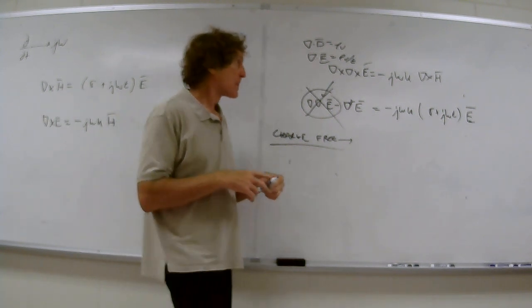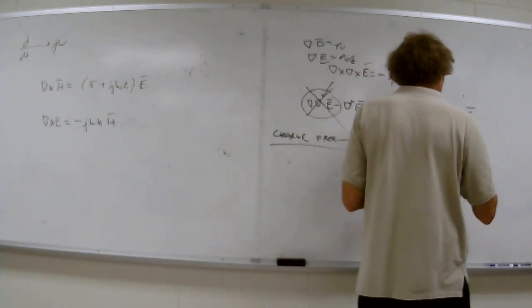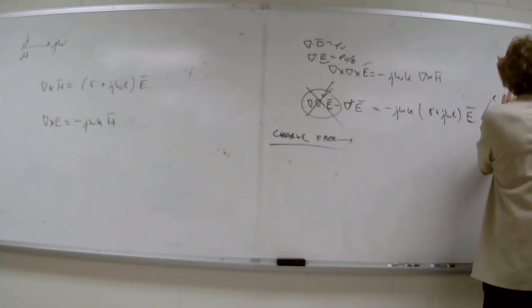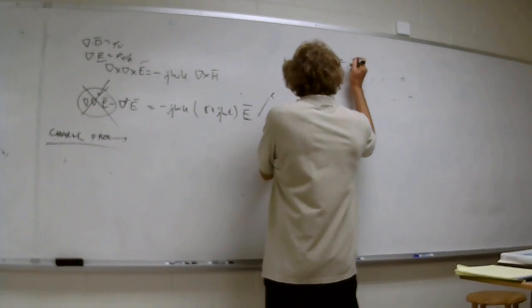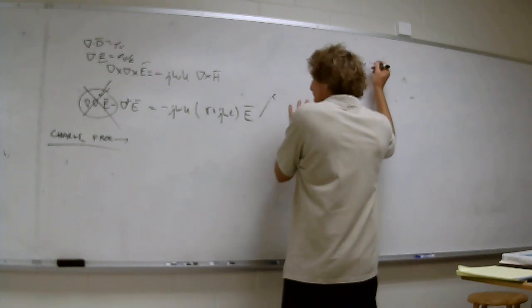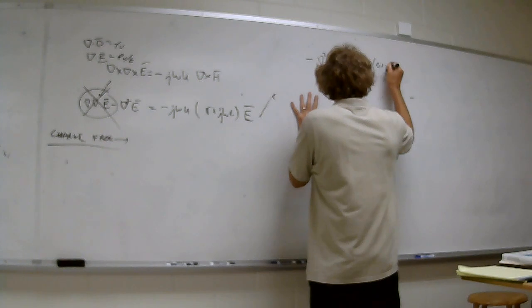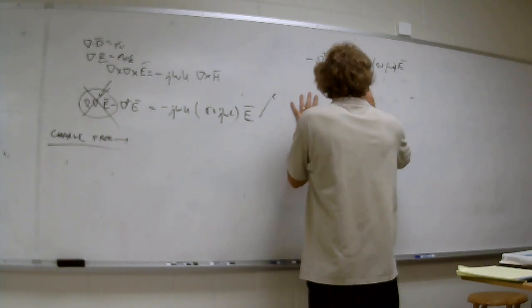You okay with it? Next thing over here, I'm going to do this right here. Now we're going to start getting into the crux of it. So I'm going to take this equation. I have minus del squared of E equal to this. Now, this is equal to minus j omega mu times sigma plus j omega epsilon times E. And here we create a new constant.